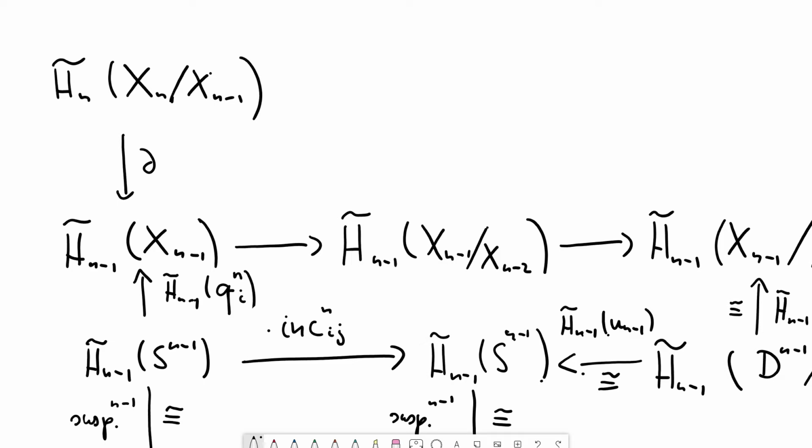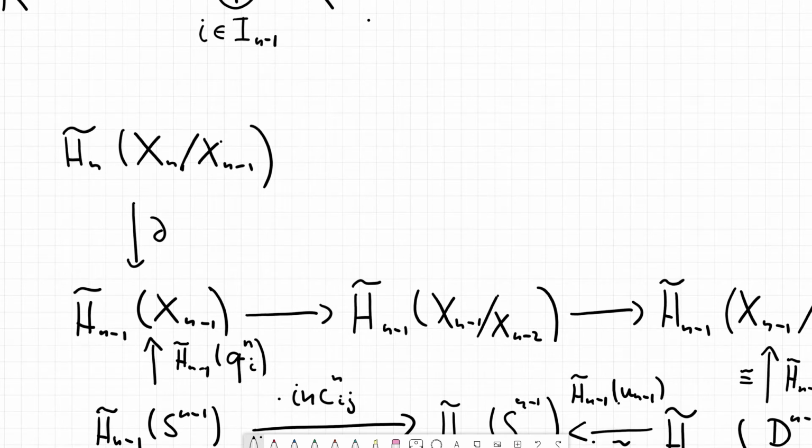And to be pedantic, when we derive this long exact sequence and the boundary operator of a CNDR, we require that the CNDR be non-empty. So let's now assume our CW complex X is non-empty, so that these are actually non-empty CNDRs. We can assume that because if X happens to be empty, then the statement of the theorem is trivial. Then you've got just the zero diagram, which definitely commutes. So we can assume that.